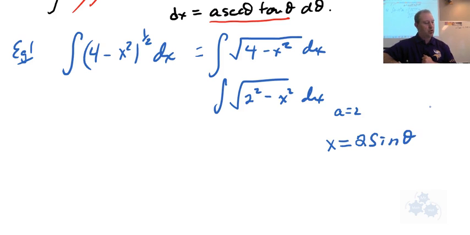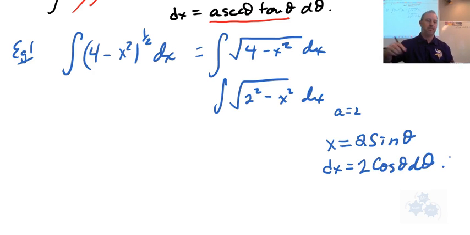Okay? 2 sine theta. Now we want to find out what dx is in terms of theta as well. So you may as well just do them right together. I always do them right together here. So it's just 2 cos theta d theta. All right. So you kind of have that just in your pocket.